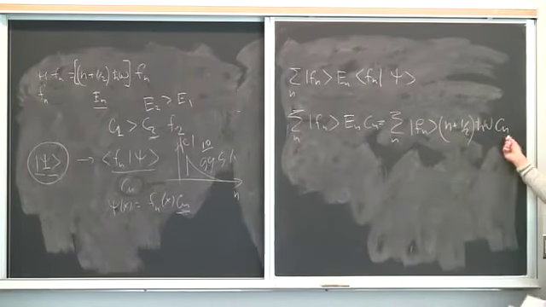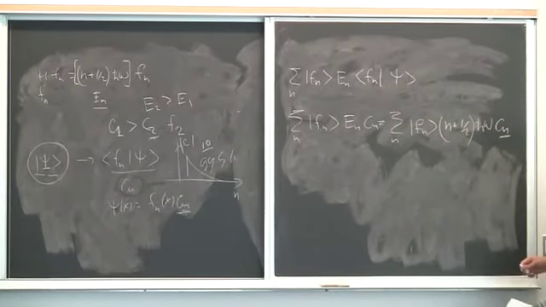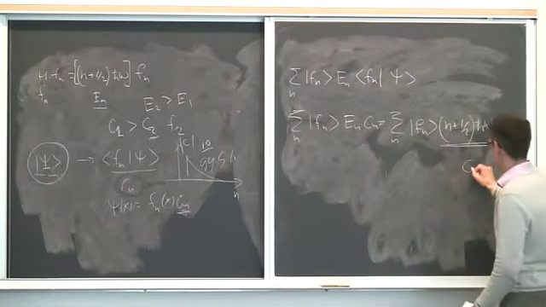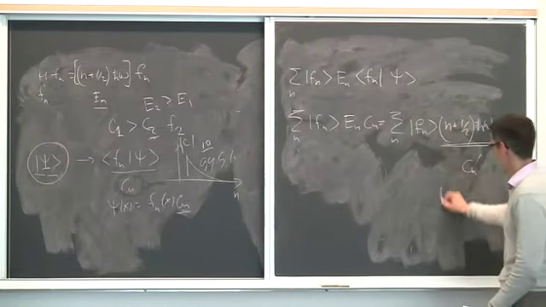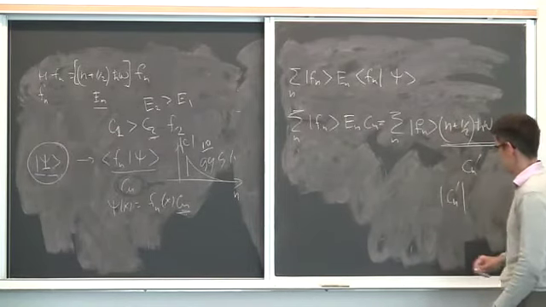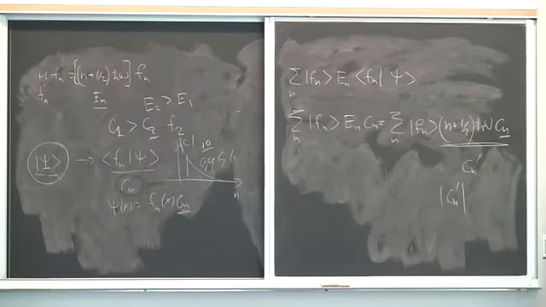So the fact that C1 is larger than C2 doesn't matter, because if we call this Cn prime, then what is important is Cn prime rather than just Cn.